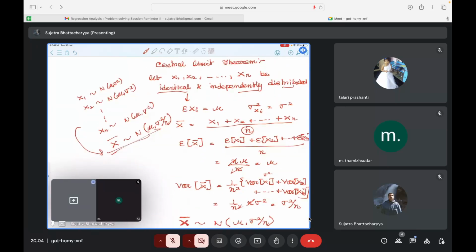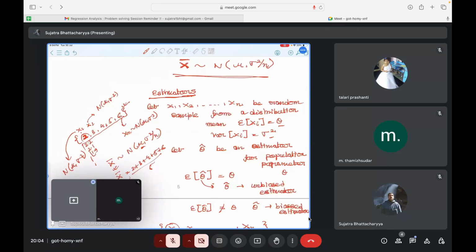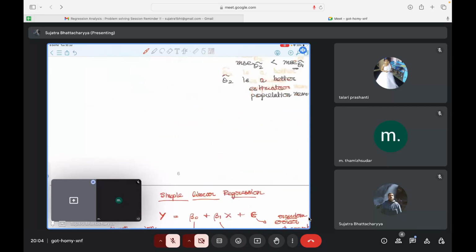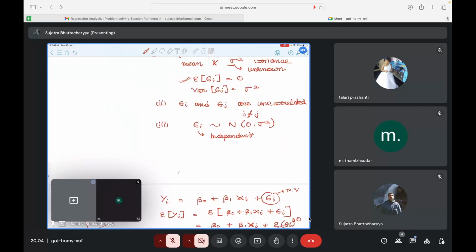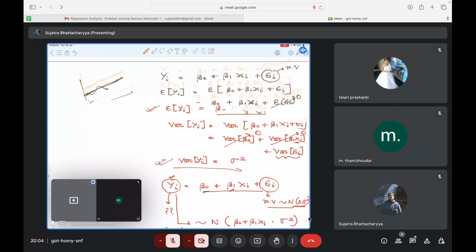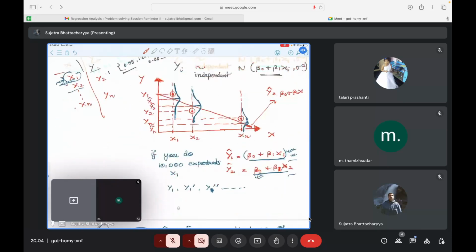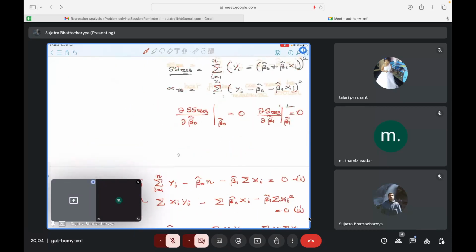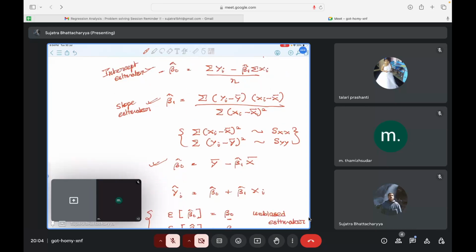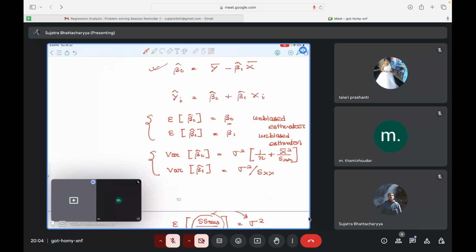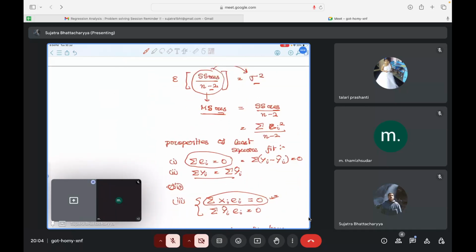And further, we got to the central limit theorem. We also discussed estimators, and then we came to the simple linear regression model. So this is the linear regression model, and we tried to look at the properties, assumptions, and finally tried to derive the beta naught and beta 1 estimators, that is, the intercept and slope estimators.